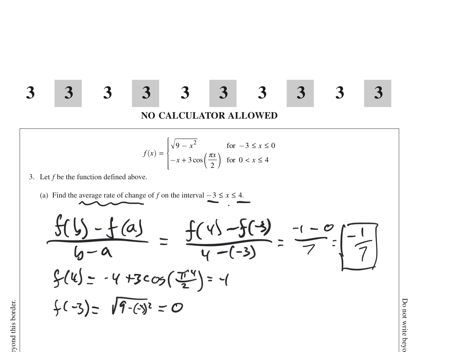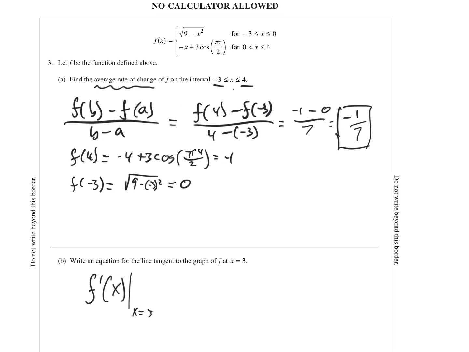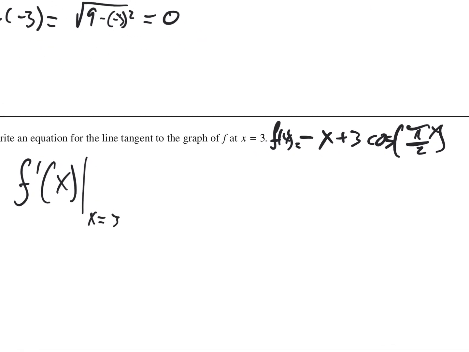So let's go ahead and find the derivative with that. I'm going to write that down. So we got negative x plus 3 cosine of pi x over 2. That's f of x for this part. The other part doesn't apply when x is 3. All right, so let's take the derivative.